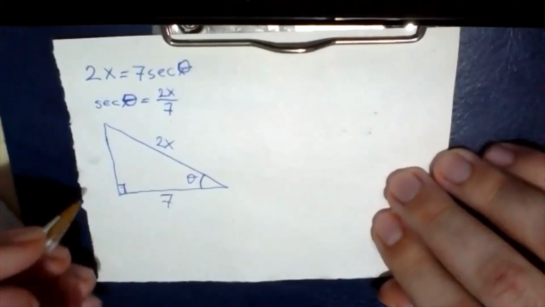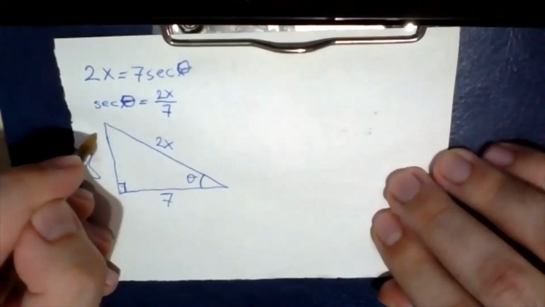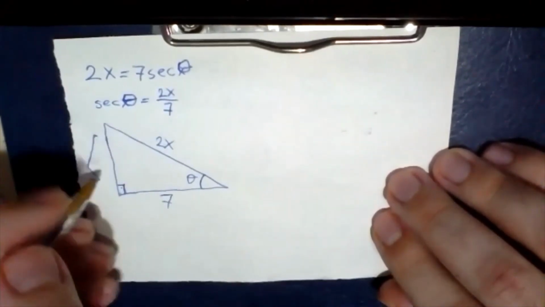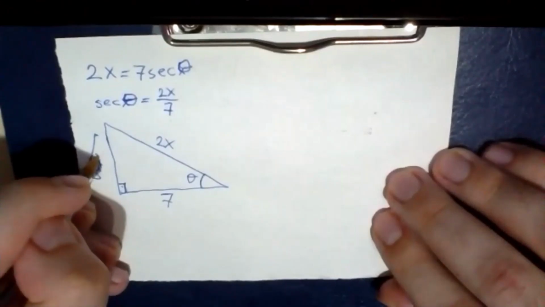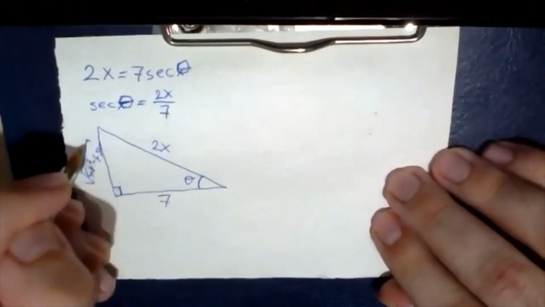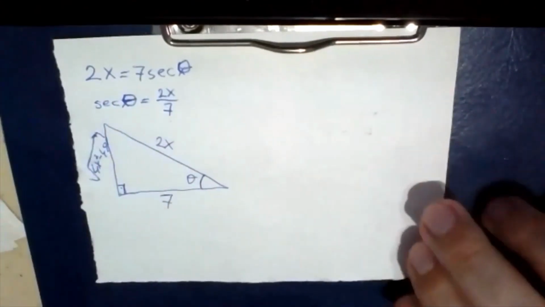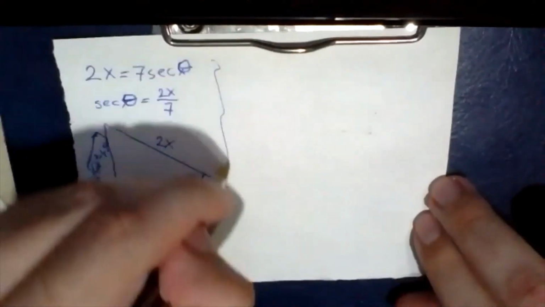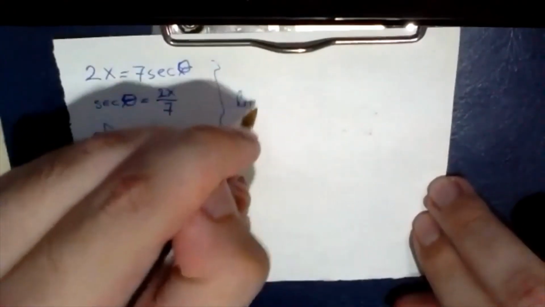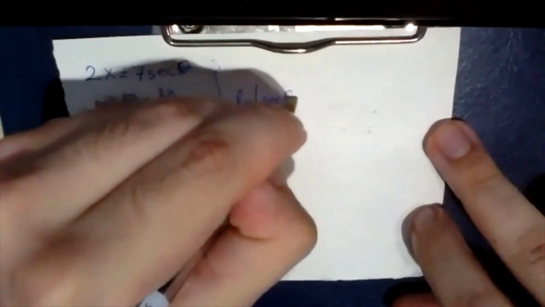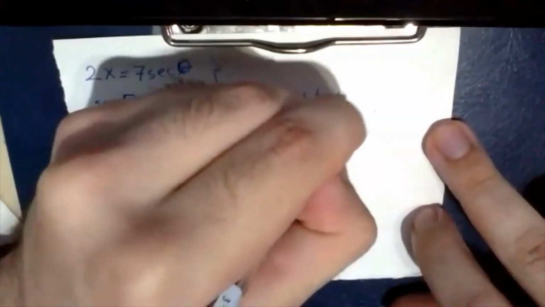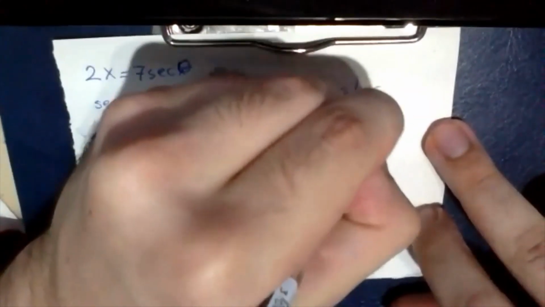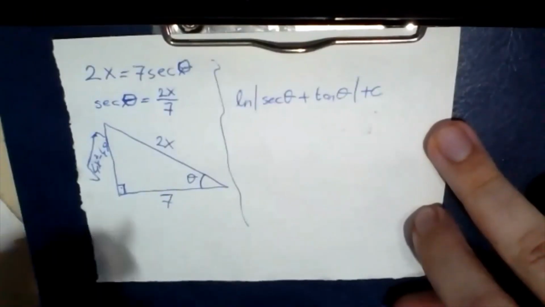And by the Pythagorean theorem, the length of this side should be the square root of 4x squared minus 49. And our answer was ln of secant theta plus tangent theta plus a constant c.